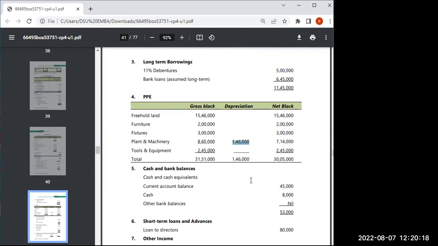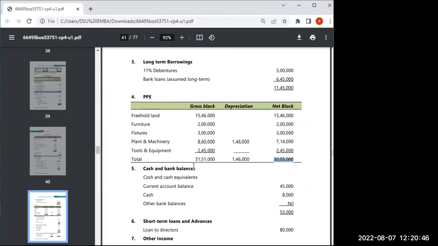Okay. So the total amount, how much do I have to show in the balance sheet in the name of tangible asset? 30 lakh 5,000. How did I get 30 lakh 5,000? Total of all tangible assets value given in the trial balance minus depreciation on such assets.